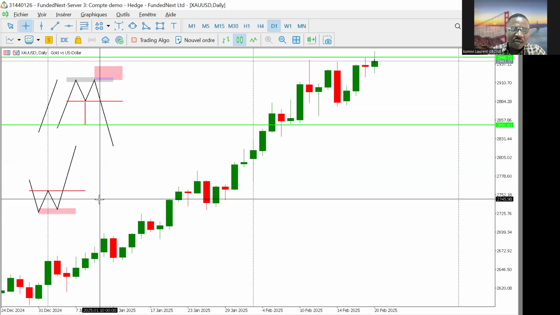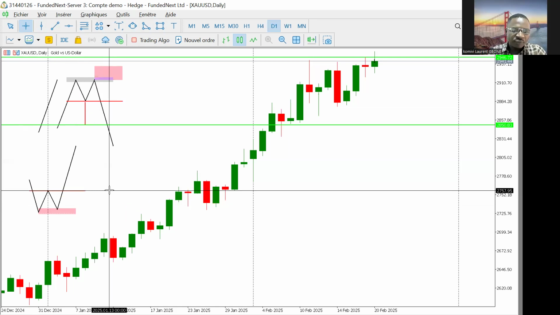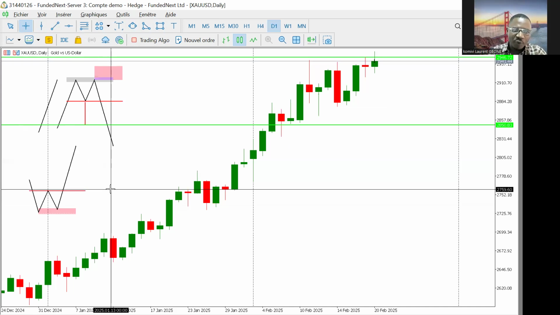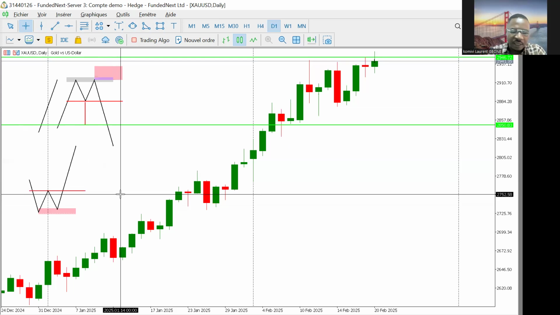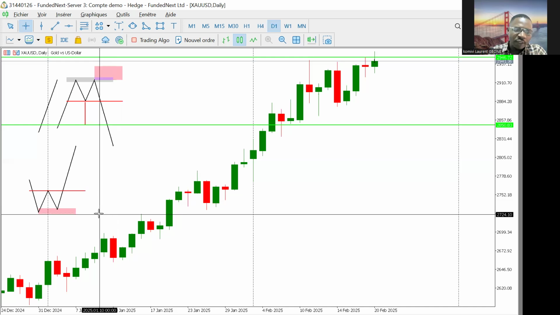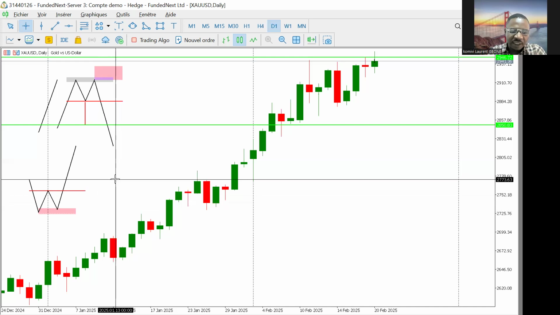And the third one, I wait for the break of the neckline. And the fourth one, as we have seen with the bearish chart pattern, the M pattern, we wait for the price to break above the neckline and we make an entry.